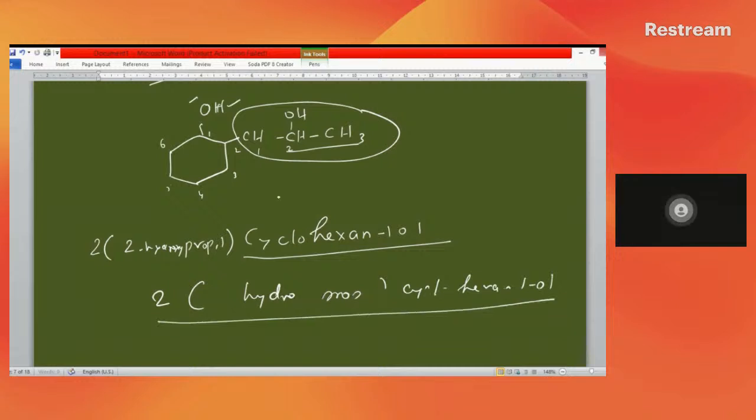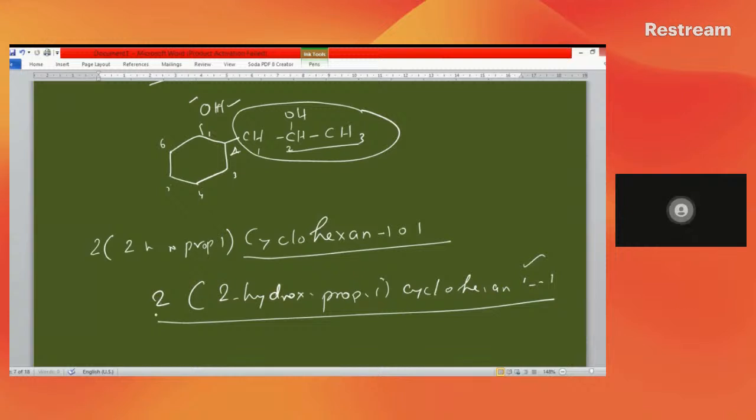See the thing? The cyclohexane, in which position 1 is having the functional group. 2-hydroxypropyl. It means in the propyl, the second carbon is having the functional group. That 2-hydroxypropyl is bonded with the second carbon of the ring structure.